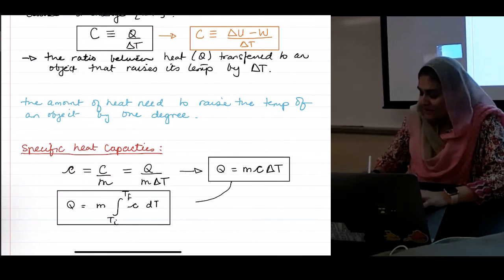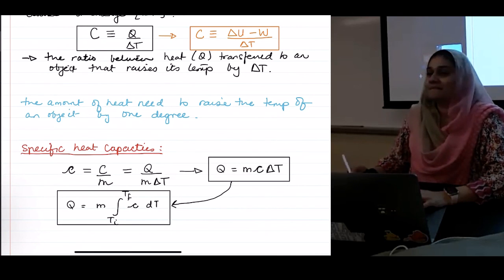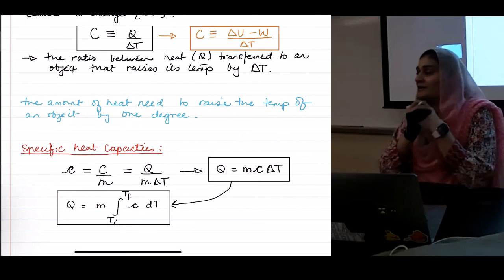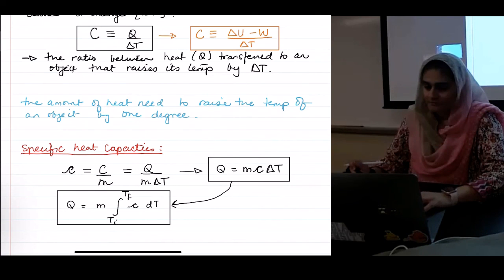So how does this become that? What's happening to the delta T? Right, it's very simple. Everybody with me so far?